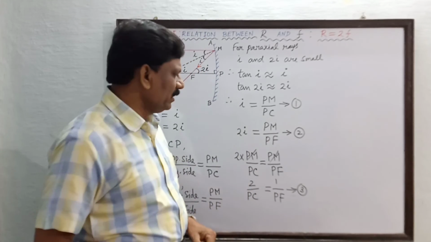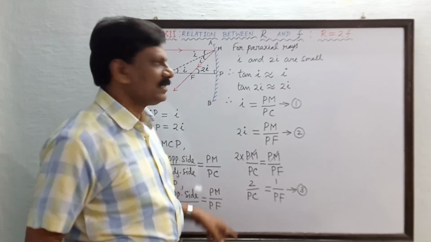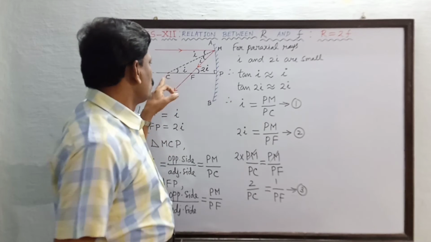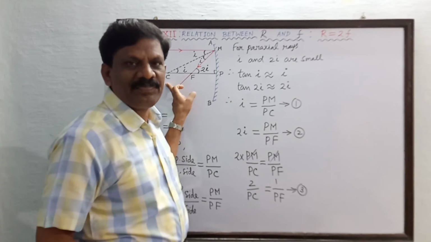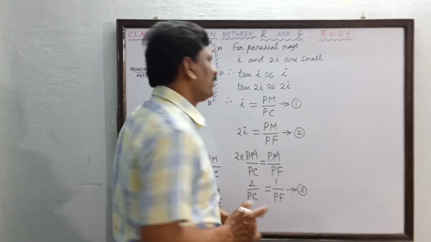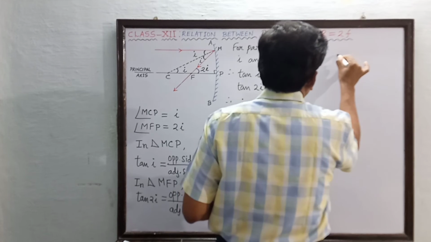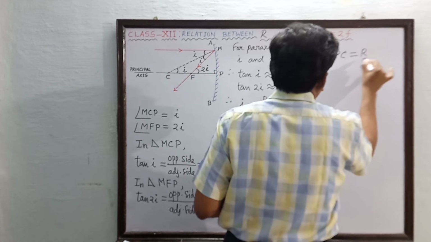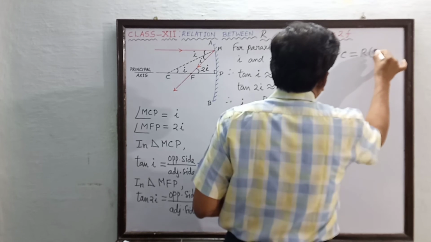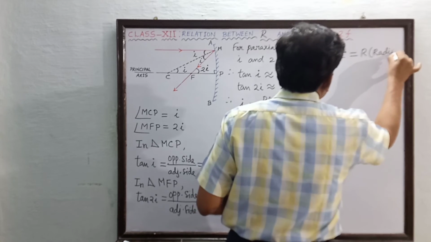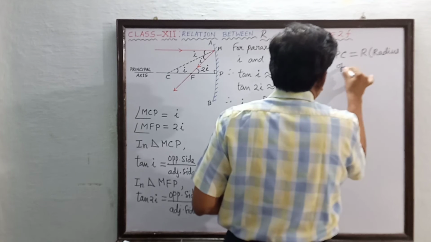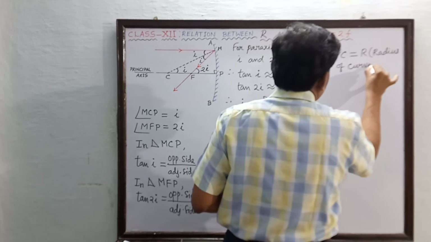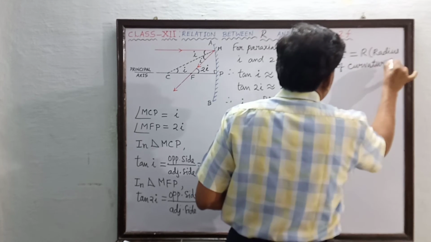Now you tell me what is the distance from the pole to the center of curvature. Yes, radius of curvature is correct. So the distance P to C is equal to R. This is called the radius of curvature of the concave mirror.